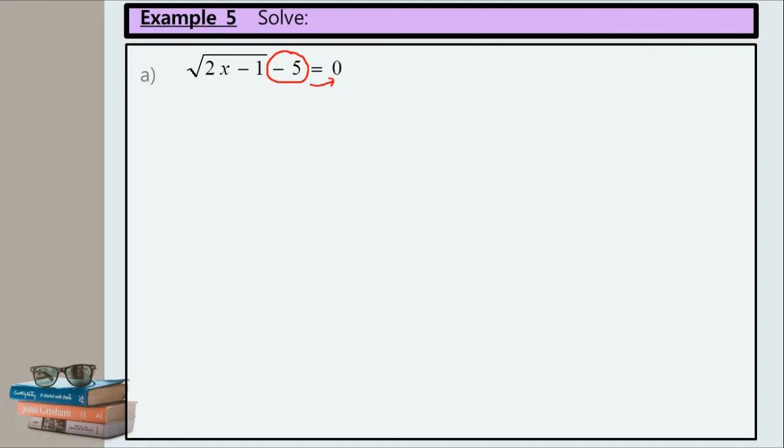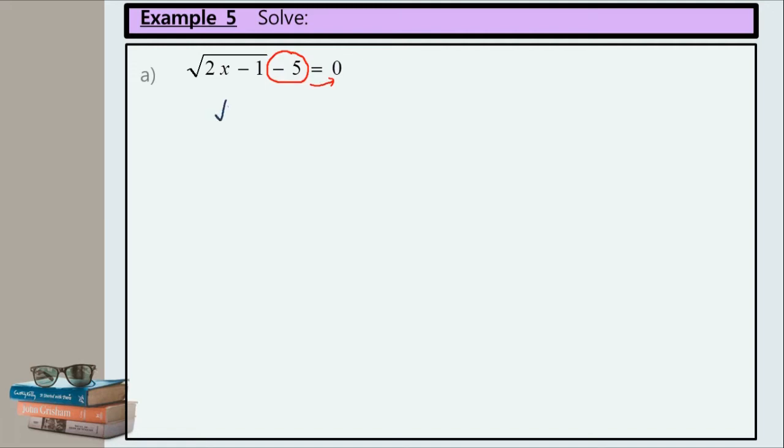Okay, I will show you why. Okay, kalau kita nak square both sides straight away pun, no problem. But our solution will be longer. If we transfer negative 5 to the right hand side, our solution will become easier. Okay, I will show you.